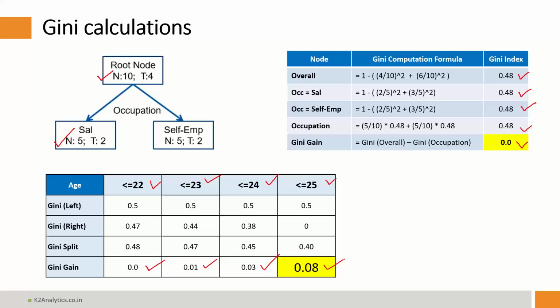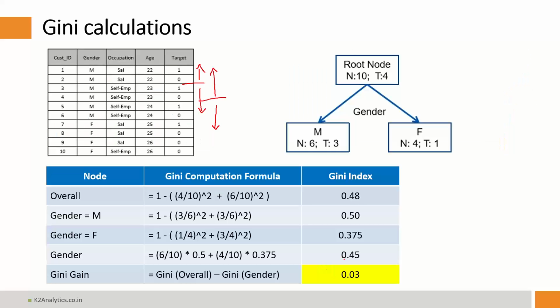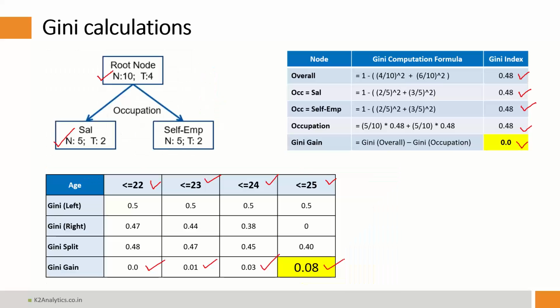For occupation, it is 0.0, and for gender, it is 0.03. Of all the Gini gains, the maximum gain is 0.08.